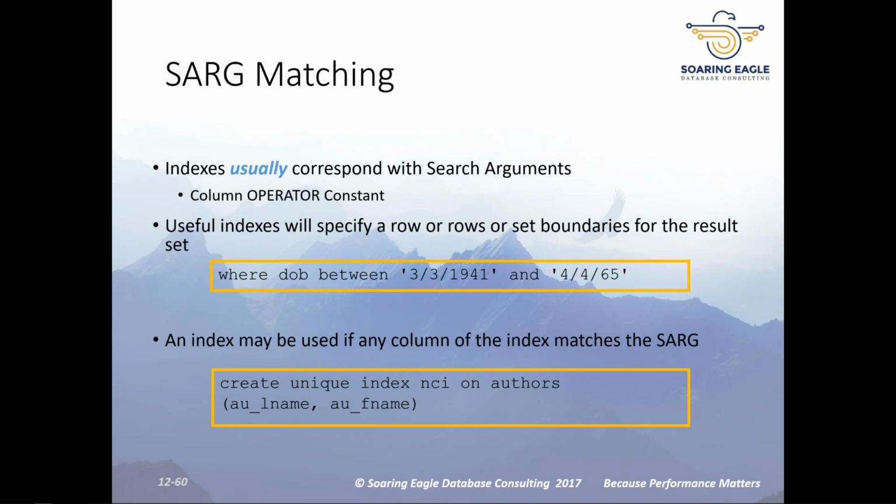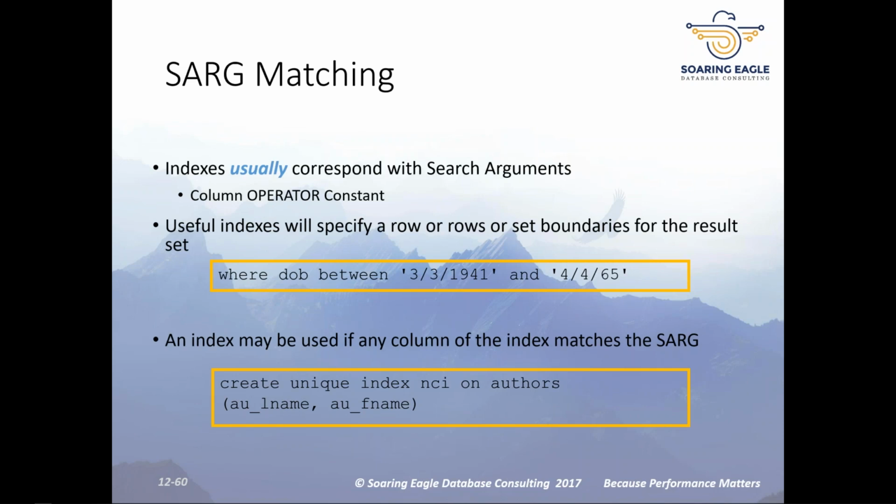In this example, it says where date of birth is between 3/3/1941 and 4/4/65. A couple of interesting questions pop out of that query. I'm going to start with the direct one, which is, hey, you said this has got to be column operator constant, and here I have column operator date and date.